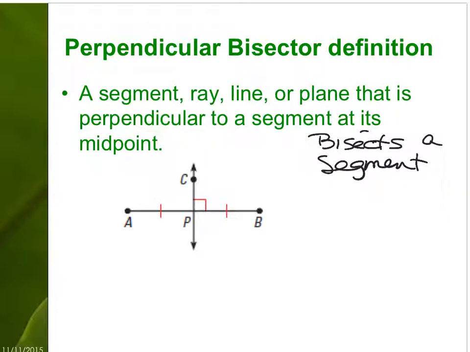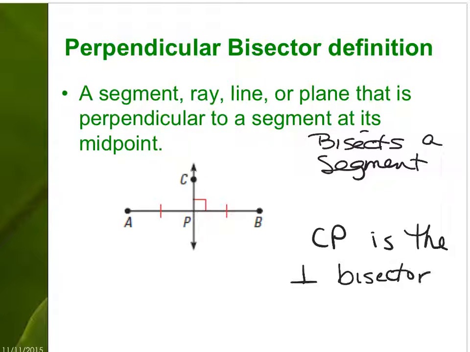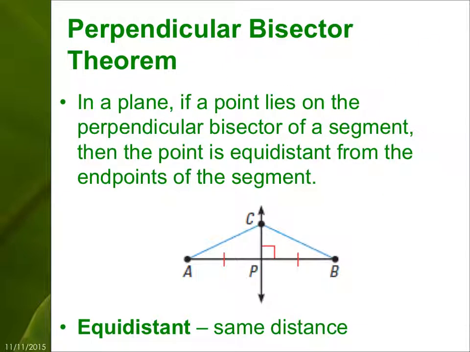And again, I could say here that CP is the perpendicular bisector of segment AB.